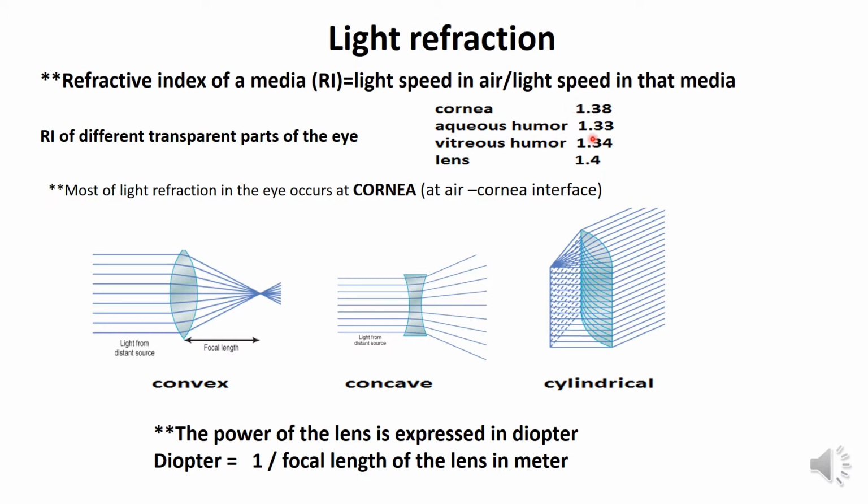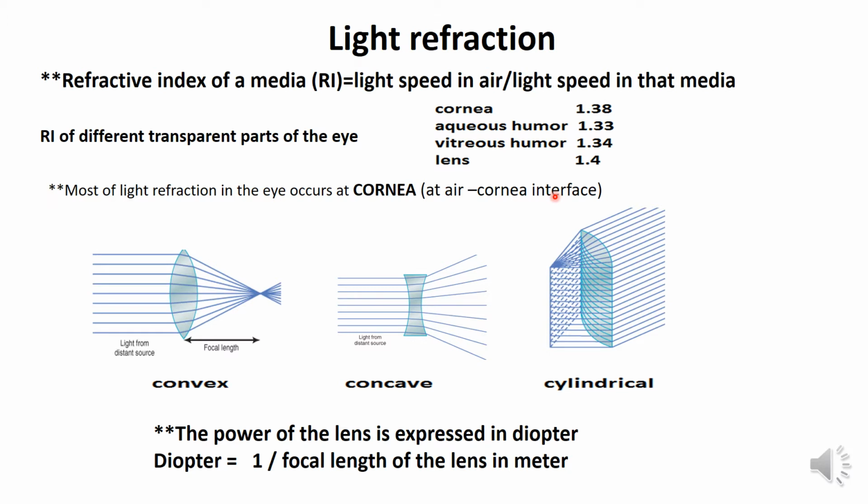Nevertheless, most of the light refraction in the eye occurs at the air-cornea interface. And this explains why in the cornea the light refraction is the most, because the light is moving from the air, where the media is of low density, to the cornea of high density.